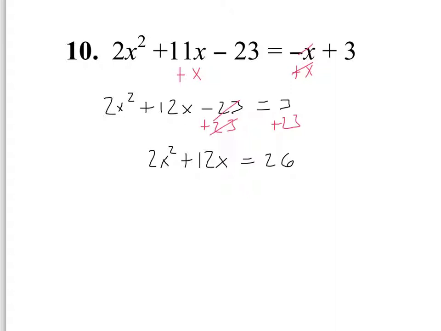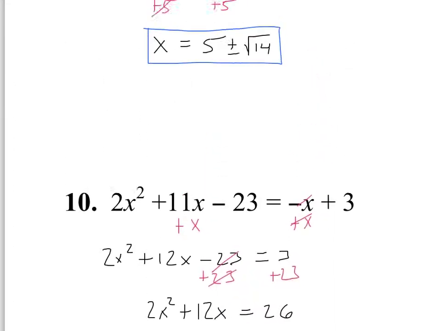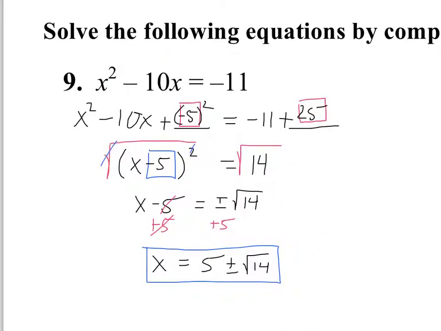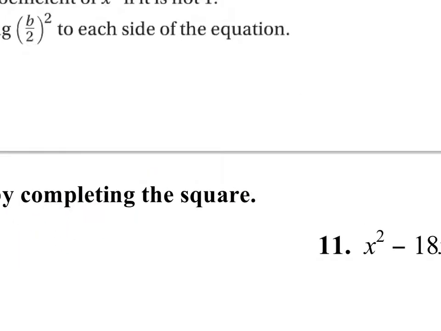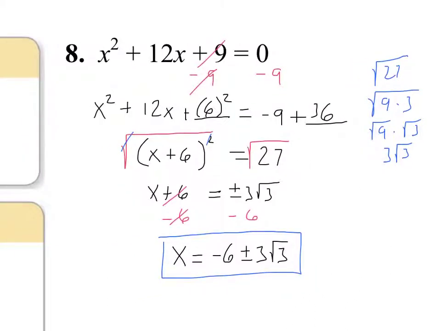The next thing that I want you to pay attention to is, if you look back at number 9, was there a number other than 1 out in front of x squared? No, it's a 1 out there, right? Well, let's keep looking back. If we look back at number 8 that we did, what's the number out in front of the x squared?